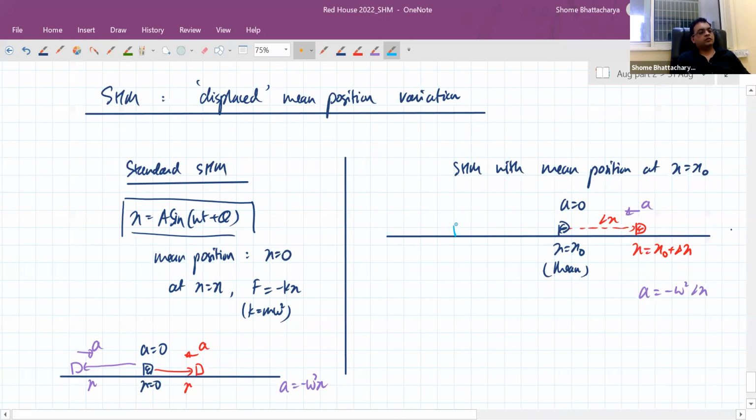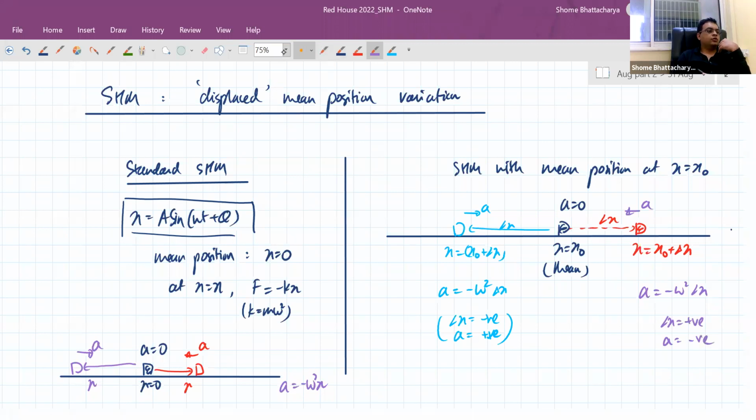And when we take it this side to x equal to x naught minus delta x, then it should have an acceleration again. Okay. So it will be written like this because here delta x is a negative quantity. So in this case, delta x is negative, E becomes positive. Whereas here, delta x is positive, E is negative. So how does this equation look like?